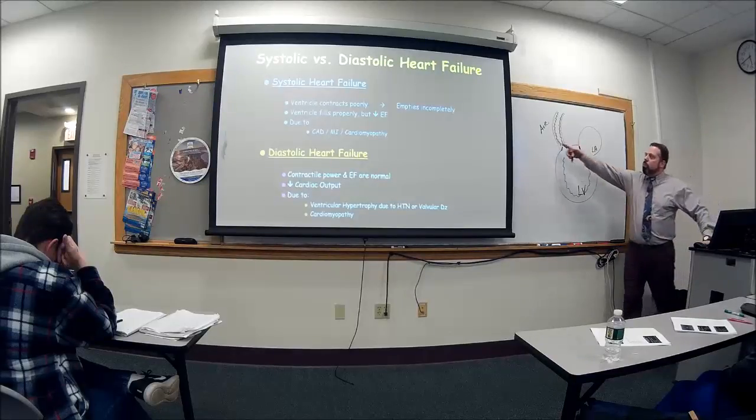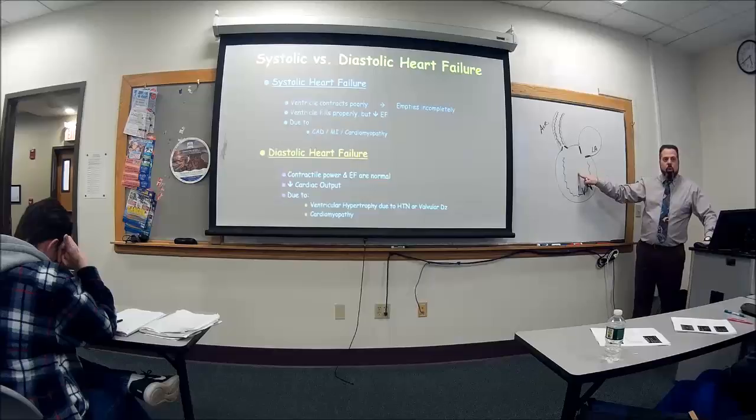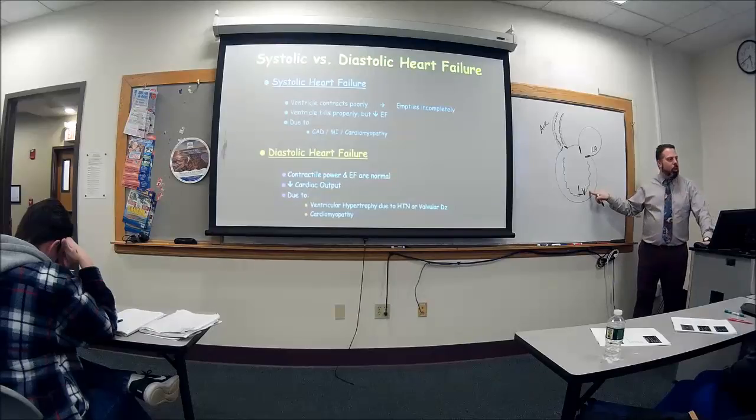So we could have high blood pressure causing hypertrophy in the left ventricle. Does that make sense? Which makes the chamber smaller. So now you can't fill that much blood in here because the chamber is so much thicker. That would cause diastolic heart failure.